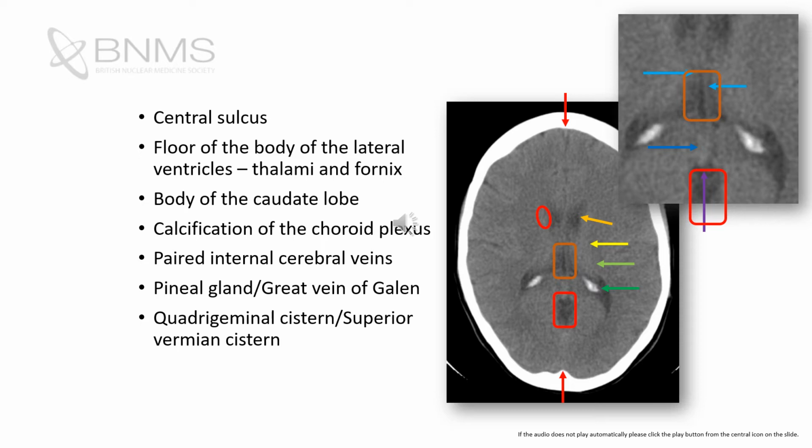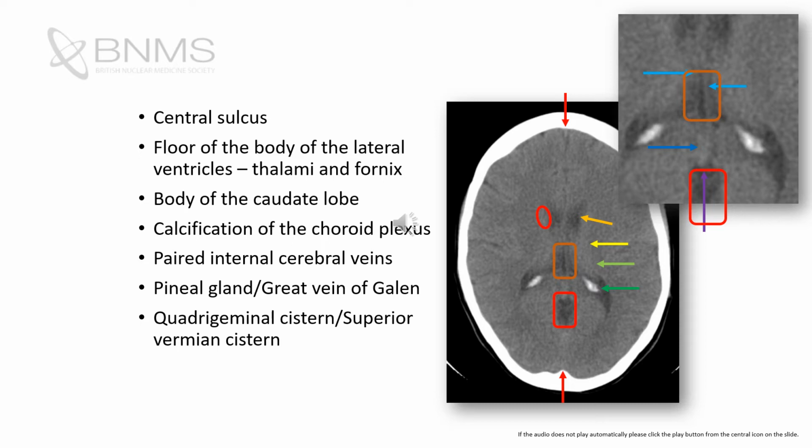This is a common finding, and again indicates the position of the choroid plexus at the junction of the body of the lateral ventricle, occipital horn, and the temporal horn, indicating the trigone.